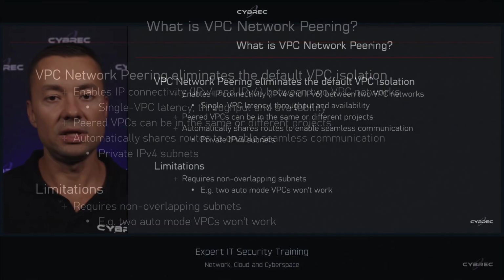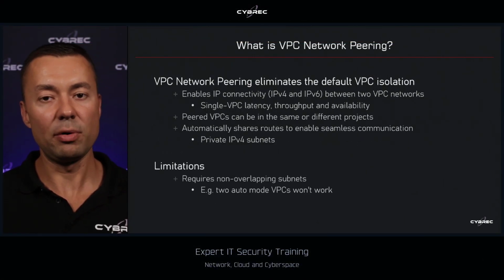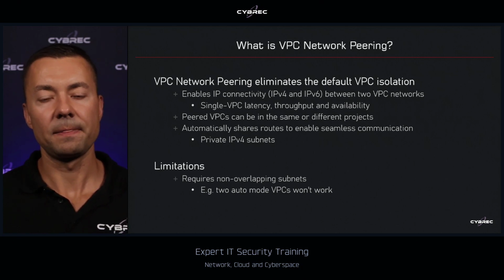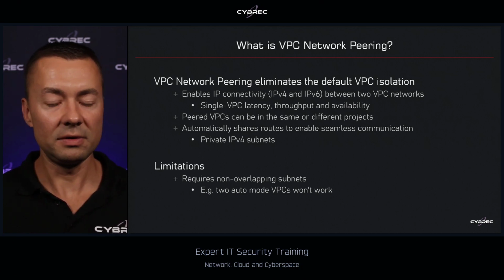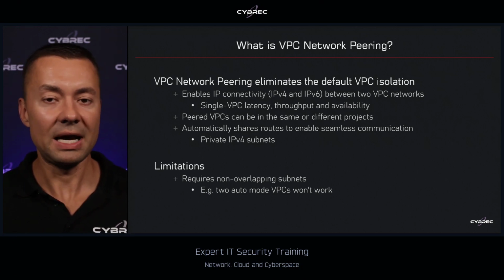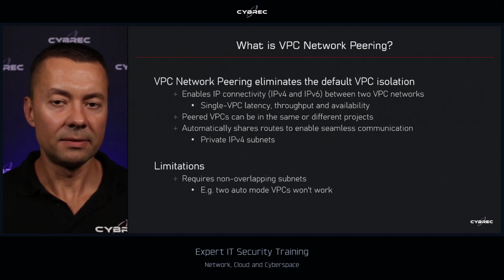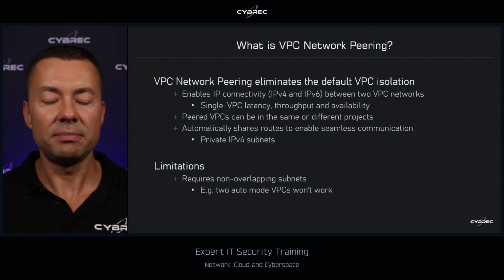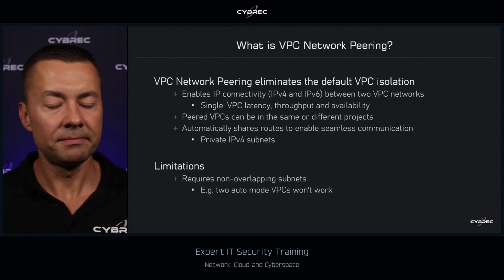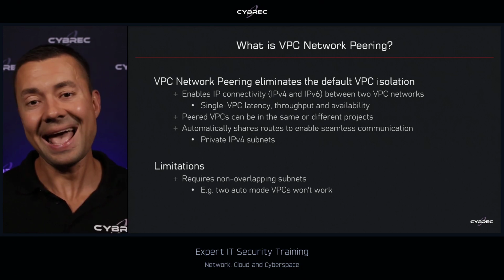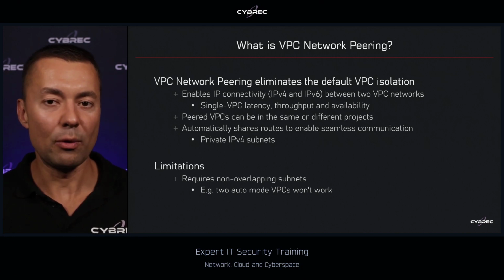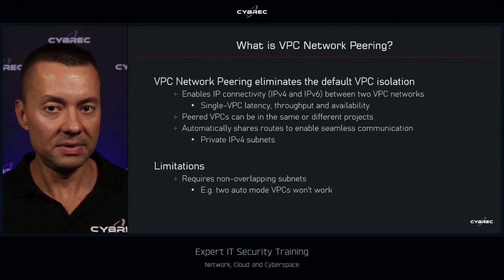So for instance, if you try to peer two VPCs that both use the default VPC networks, this is not going to work because both of these networks use the same IP subnet, 10.128.0.0/9. And the same is going to apply when you try to peer a custom VPC network with the default network, as long as the custom VPC network uses subnets that overlap with the default VPC network.